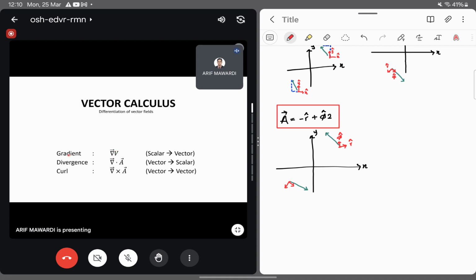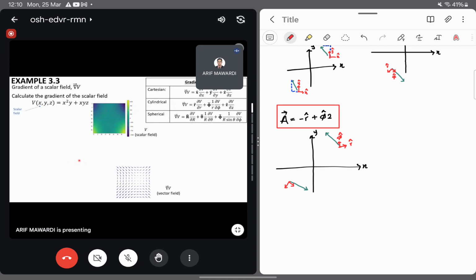There are three types of operations that we can do. One is called the gradient, one is called the divergence, and the other one is called the curl. We'll look at these one by one.